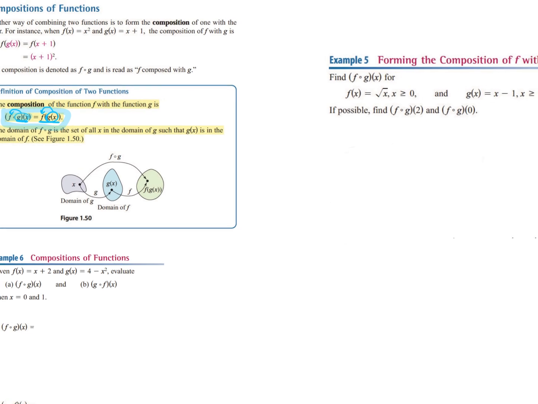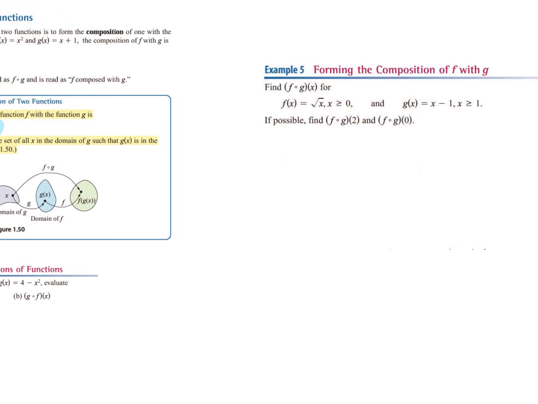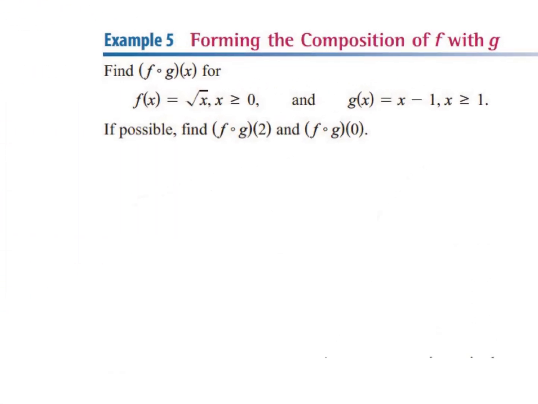Let's look at example 5 on the right here. So here it asks us for f of g of x. So we're going to take g of x, since that's on the inside, and plug it into f in the other. So we're going to take g of x and plug it into the x in f of x. I think it's super helpful to circle exactly what I did here.